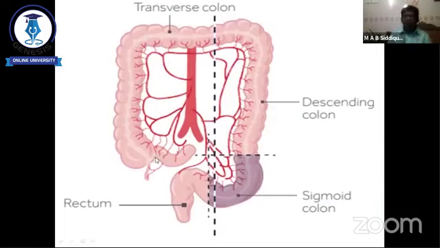There is the cecum, ascending colon, transverse colon, descending colon, and this is the sigmoid colon and rectum. Look at this point of the sigmoid colon. This is the mobile part of the large intestine. More or less, the large gut is fixed, not like the small intestine, but the sigmoid colon is the mobile part of the large intestine.